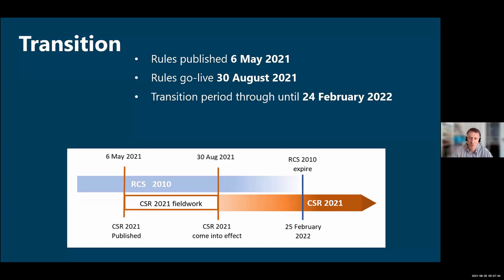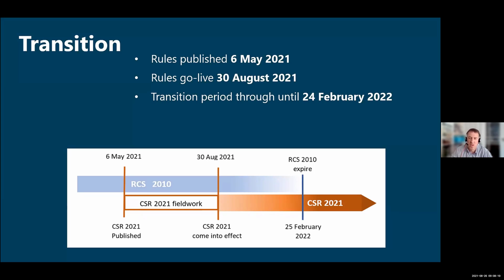Unlike previous rules, there will be a transition arrangement for surveys commenced under the Rules for Cadastral Survey 2010, but not yet lodged. Surveys commenced prior to the 30th of August 2021 may continue to be completed in accordance with the 2010 rules, right through until the 24th of February 2022. After that date, CSDs can only be certified in terms of the Cadastral Survey Rules 2021.